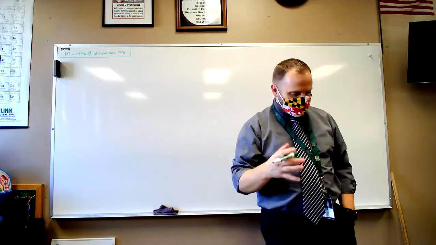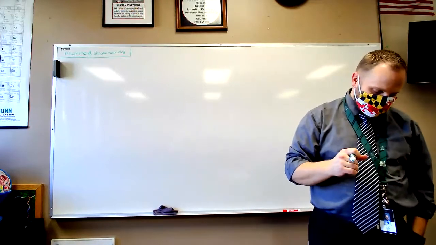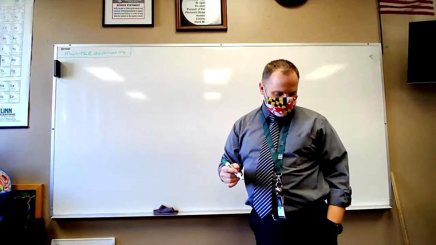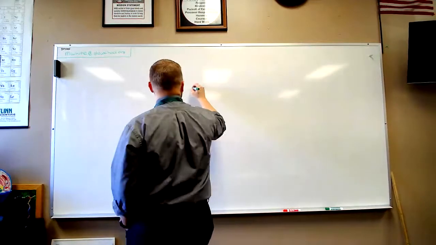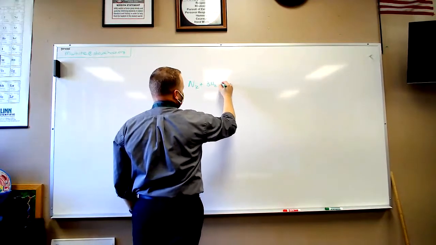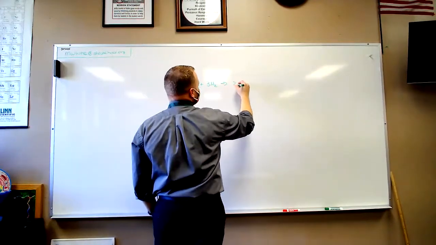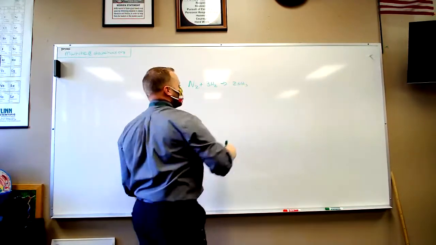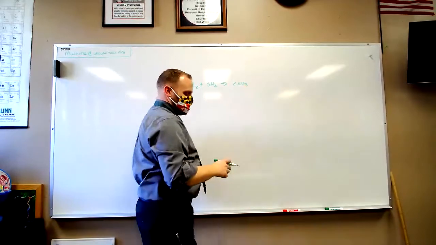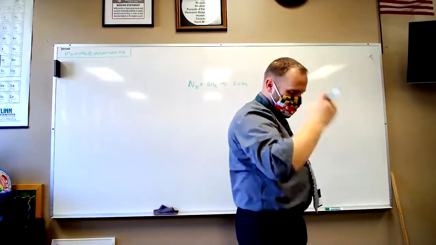So it says ammonia is synthesized from hydrogen and nitrogen. Look at that. This one even gives us the balanced equation. Isn't that nice of the problem to give us the balanced equation? Okay.